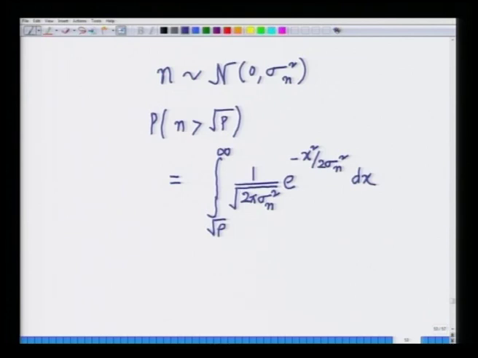Now, let me do a simple manipulation, a substitution of variables. Let me denote x over sigma n as t, which means dx equals sigma n dt.